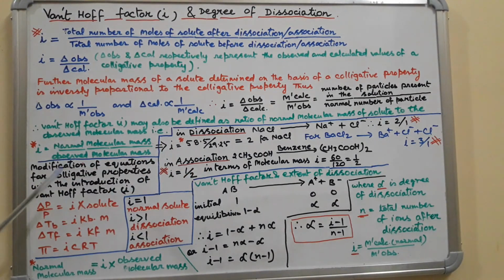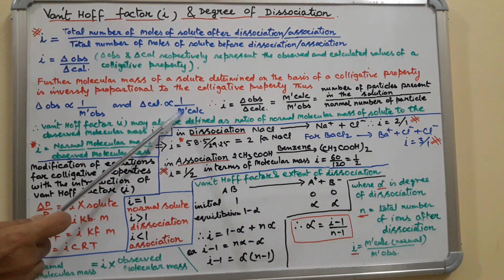Thus, we can consider this relation. This is the colligative property observed, which is inversely proportional to the molecular mass observed. Further, this is the colligative property calculated, that is the normal colligative property, inversely proportional to the molecular mass calculated.